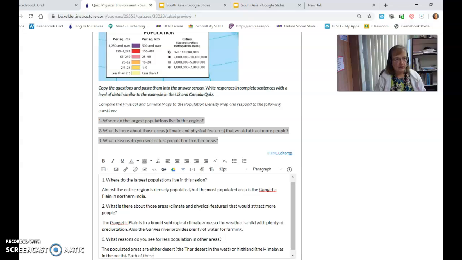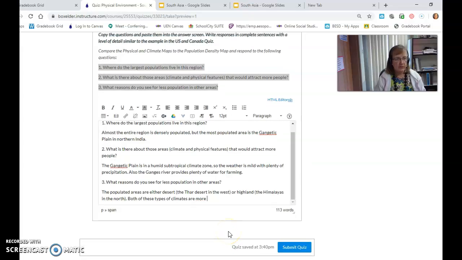Both of these types of climates are more difficult to live in. So fewer people choose to live there.